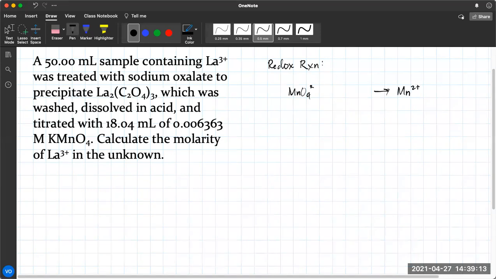Now, balancing this reaction according to the ion electron method. So there is 1 manganese. We have 4 oxygens, so we need to add 4 moles of water. On this side, there are 8 hydrogens, so we need to add 8 H plus.